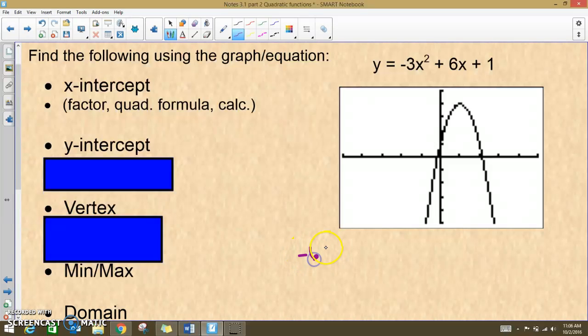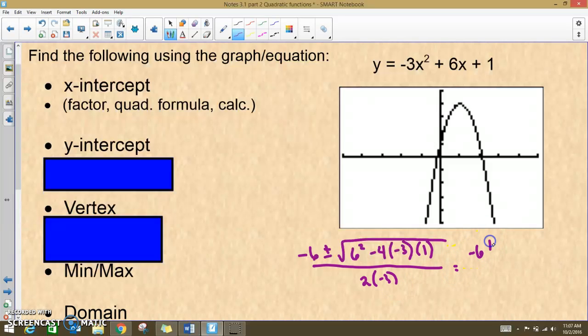So it's negative b plus or minus the square root of b squared minus 4 times our a, which is negative 3, times our c, which is positive 1, all over 2 times our a value. Okay, so that's going to give us negative 6 plus or minus, and when we simplify underneath the radical, it gives us 36 plus 12, which is 48, over negative 6.